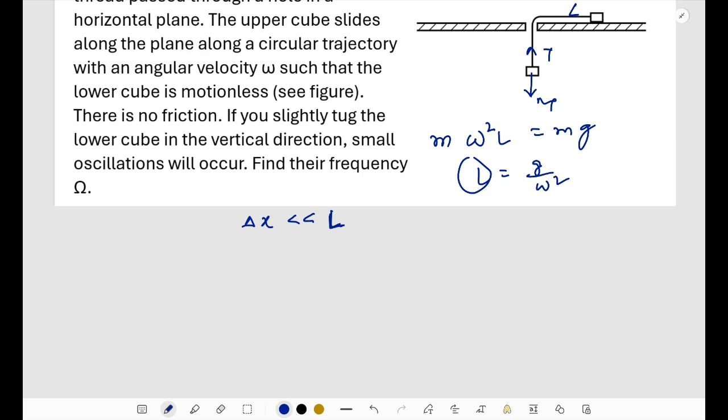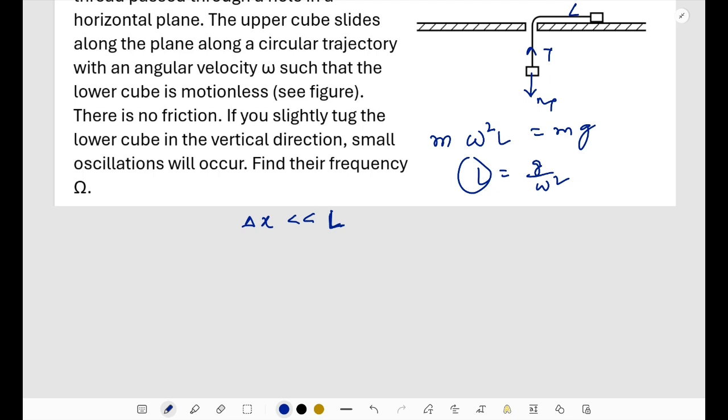I don't know what its velocity is, but it is certainly not omega. It is moving in a circle, but its velocity is definitely not equal to omega anymore.